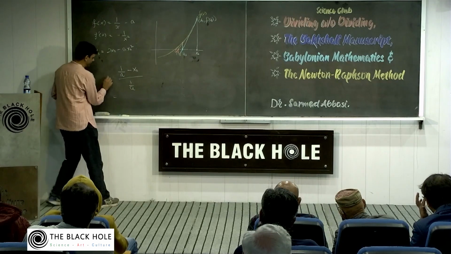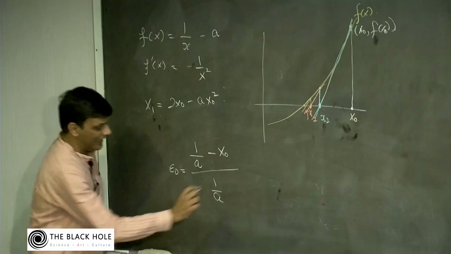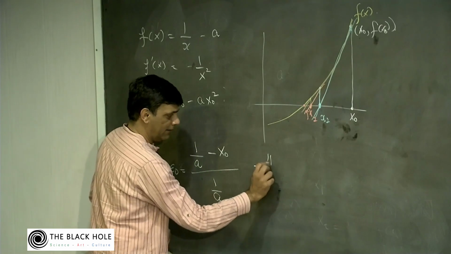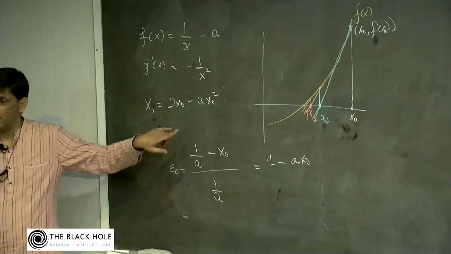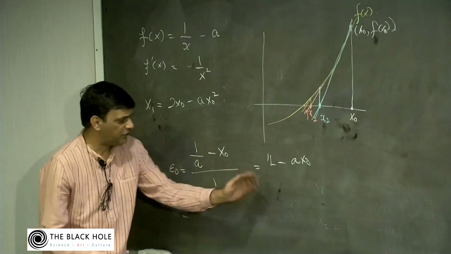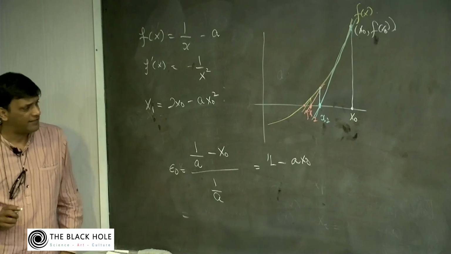Okay. And let's call this E0. And when this comes here, it is 1 minus ax naught. Or shall I do the algebra? It's all right? Okay. All right. So the absolute value of this would be the error, but right now let it be signed.